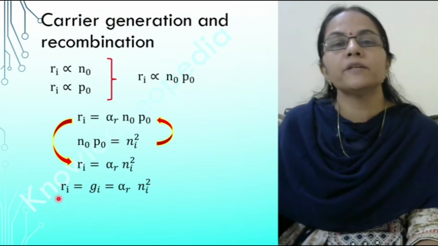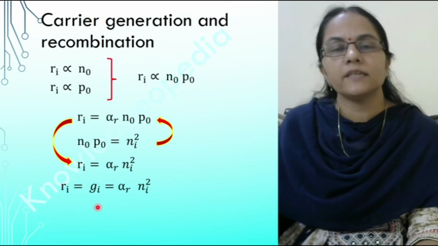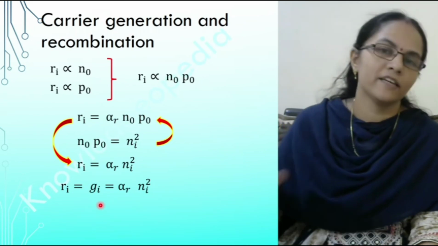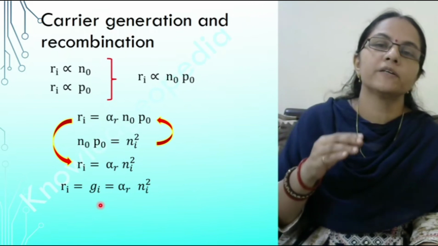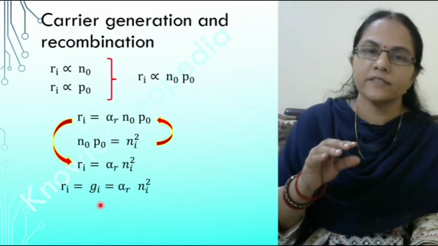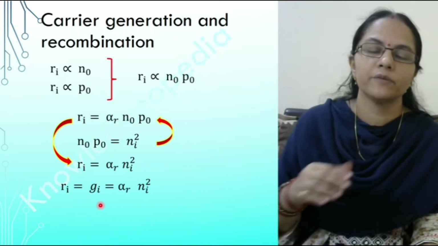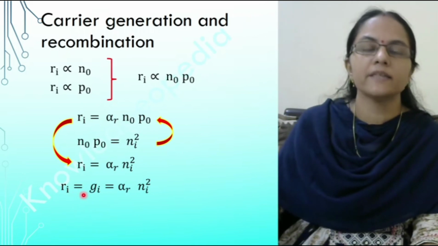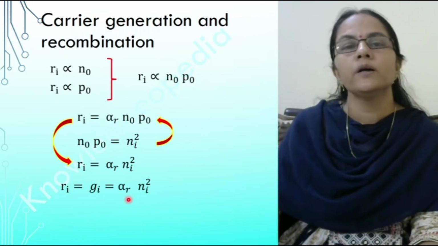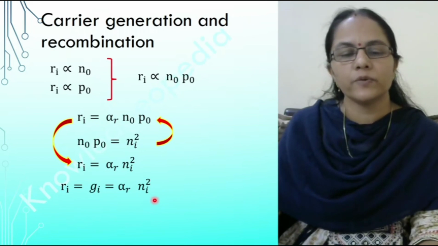Ri is the recombination rate, Gi is the generation rate, and as I told, at thermal equilibrium or steady state, the carrier concentration is maintained. That means the generation rate should be equal to the recombination rate, and hence Ri is equal to Gi is equal to alpha R ni square.